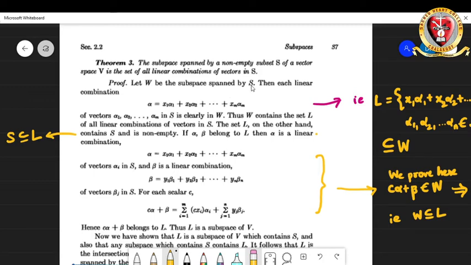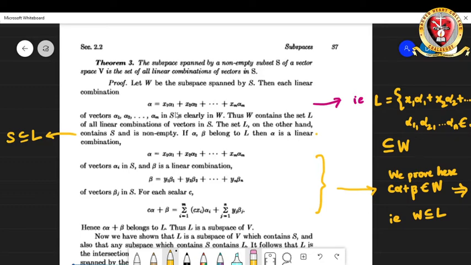To prove that, let W be the subspace spanned by S. That means this W is equal to the intersection of all subspaces of V which contain S. Now each linear combination alpha equal to x1 alpha 1 plus x2 alpha 2 plus etc. xm alpha m, where alpha 1, alpha 2, etc., alpha m are in S, is clearly in W. Why is it in W?